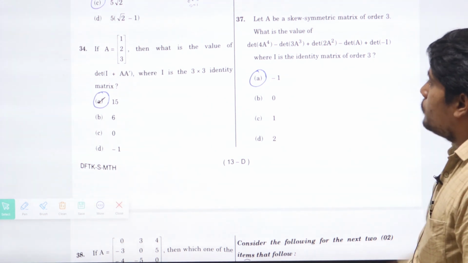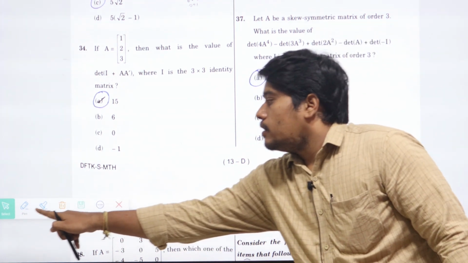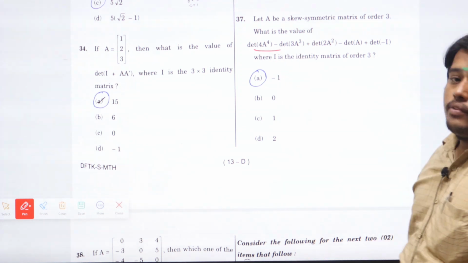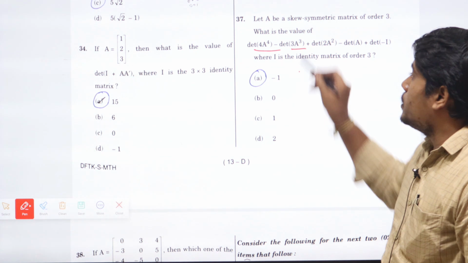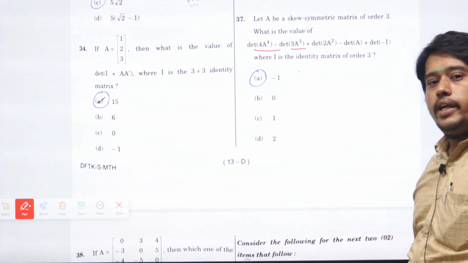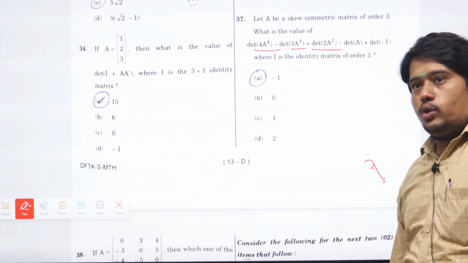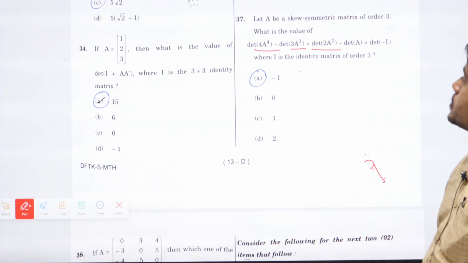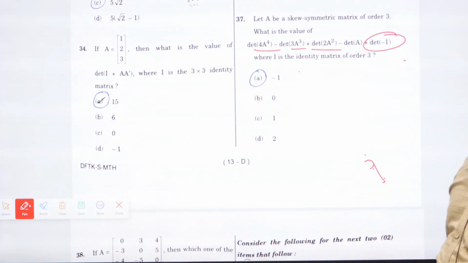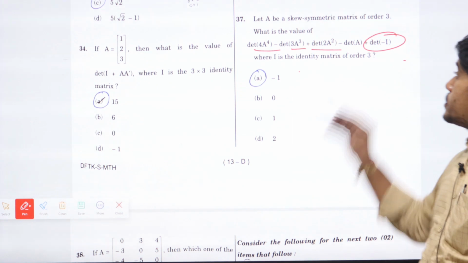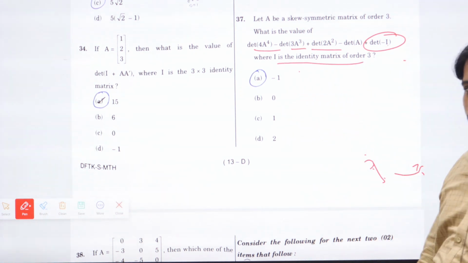Then what is the value of the determinant of 4 times A to the power of 4 minus the determinant of 3 times A to the power of 3 plus the determinant of 2 times A to the power of 2 minus the determinant of A plus the determinant of the unit matrix, minus I, where I is the identity matrix or unit matrix.